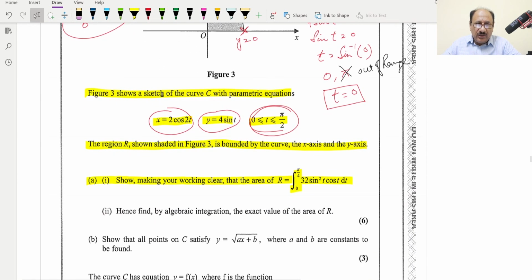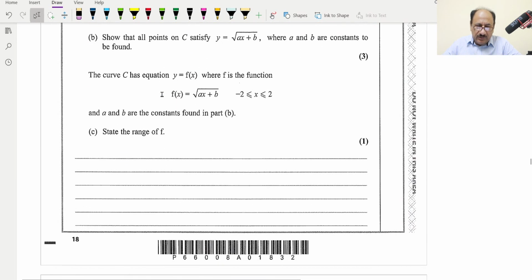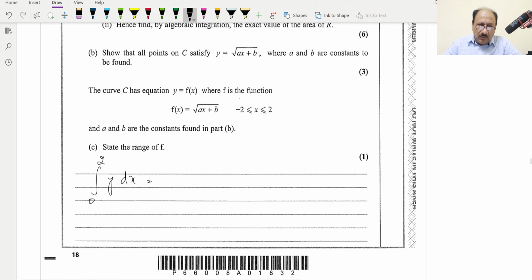And now we can write the integral. For the area, we can take the integral from 0 to 2 of y dx, which is the integral from 0 to 2 of 4 sine t dx.